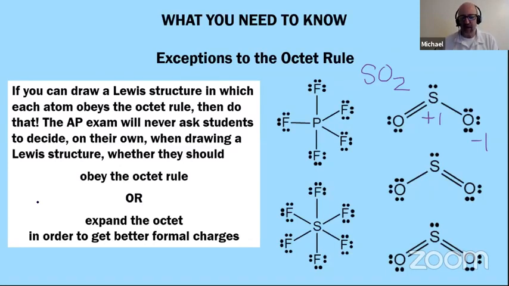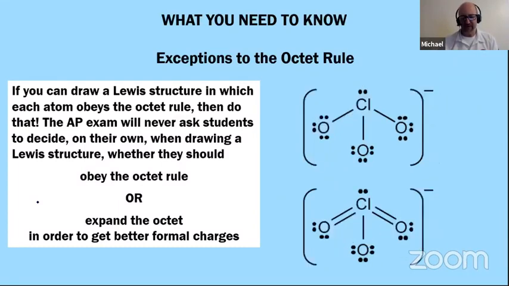If you can draw a Lewis structure in which each atom obeys the octet rule, then do that, unless the question specifically asks you to minimize formal charges. Then that's an option, but do not feel like you have to decide between should I obey the octet rule or not. Octet rule always works.